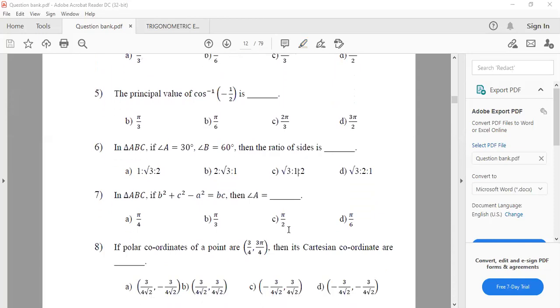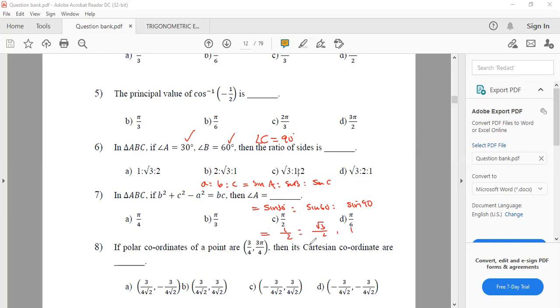Question number 6. One angle is 30, another angle is 60. What is the third angle? 90. So the ratio of sides A is to B is to C is the same as sin A is to sin B is to sin C. Sin 30 is to sin 60 is to sin 90, that is half, root 3 by 2 and 1.